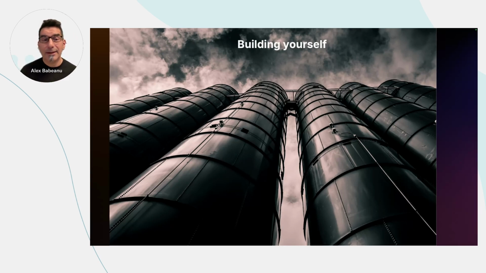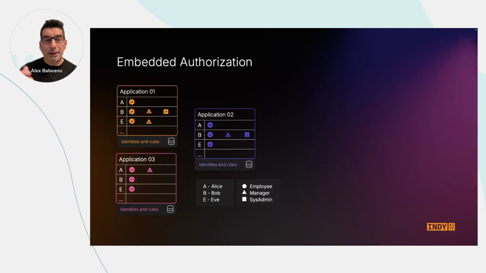And here's why. If you build it yourself, you're embedding the authorization within your own application. For example, here there are 3 applications and there are 3 types of users: employees, managers, or sysadmins. And depending on which application they are using, they don't have the same access rights.